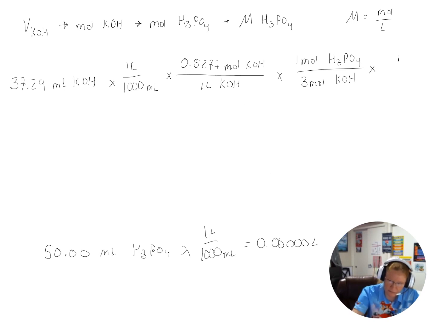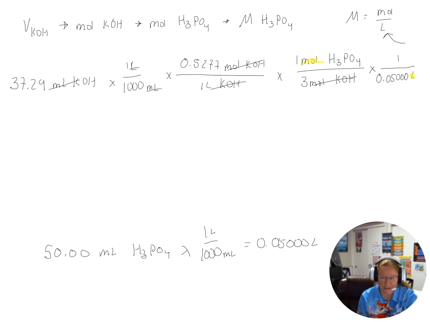I'm going to put a unitless 1 here over my 0.05 liters. And I'm going to show you in just a second. This gives us molarity. So our milliliters for my potassium hydroxide cancel out. The liters cancel out. The moles cancel out. Okay? And then what I have on top is moles, and what I have on bottom is liters. So I have moles over liters, which is our molarity.